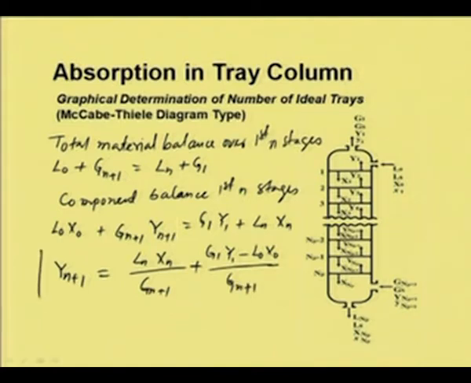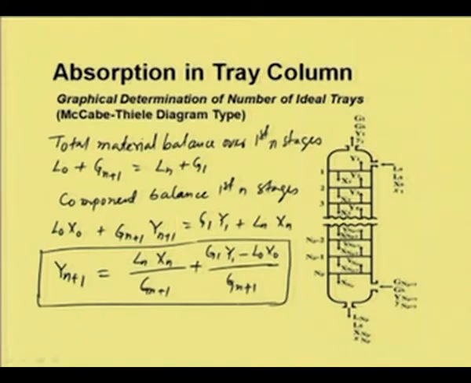This is a very important material balance equation for a tray absorber, and this is known as the equation of the operating line.